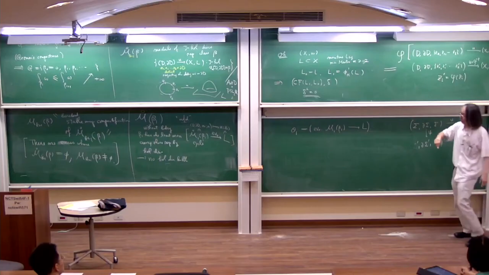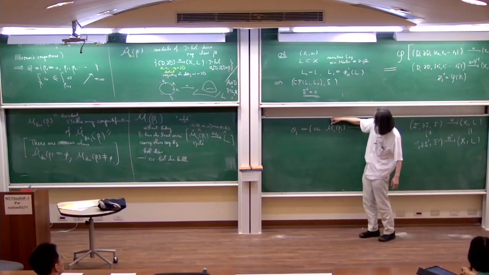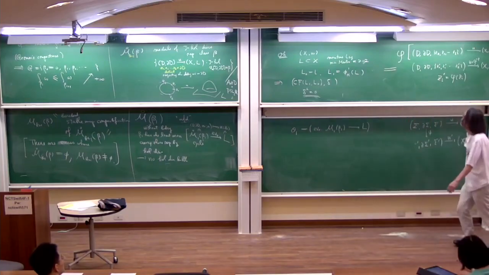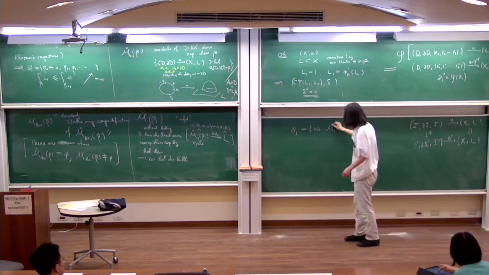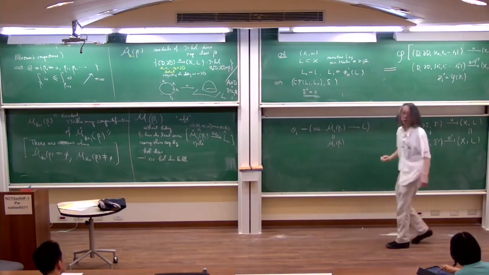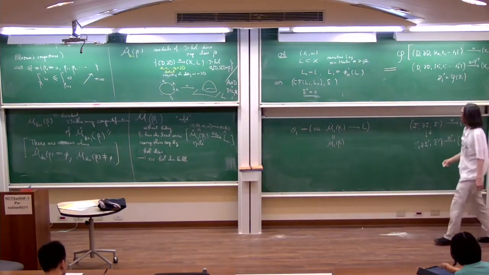Either you put circle or not doesn't really matter. Okay, maybe I just write it in this way, but in this case it is actually M_1(β_1). So this is the first class. So it's a cycle in L.